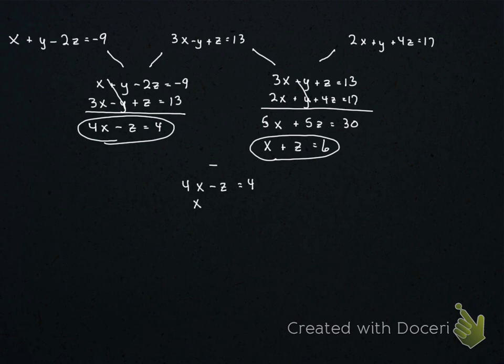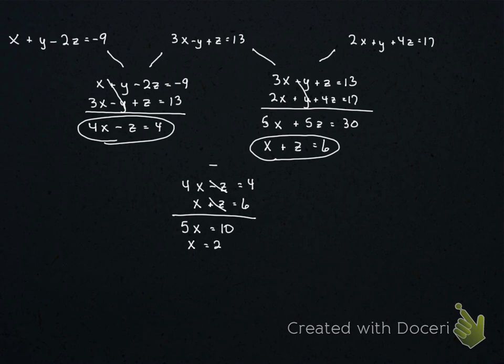So notice what happens: when I divided that second equation in x and z by 5, I get x plus z equals 6. And here, my z's automatically get rid of each other. So I end up with 5x is equal to 10 and x is equal to 2.